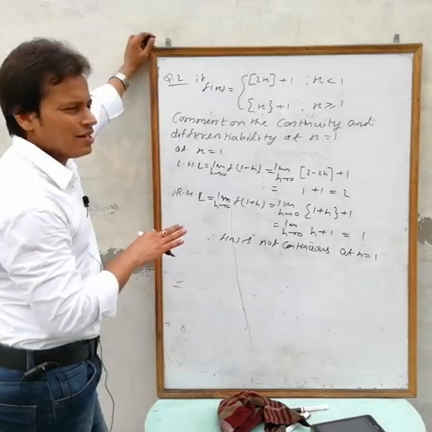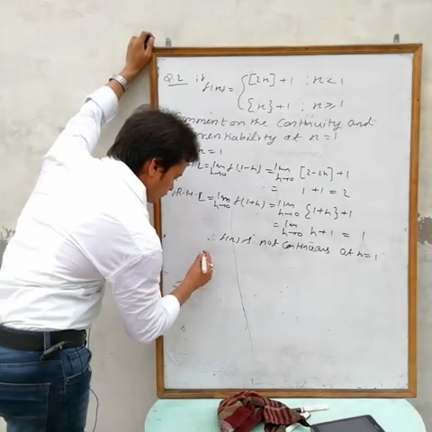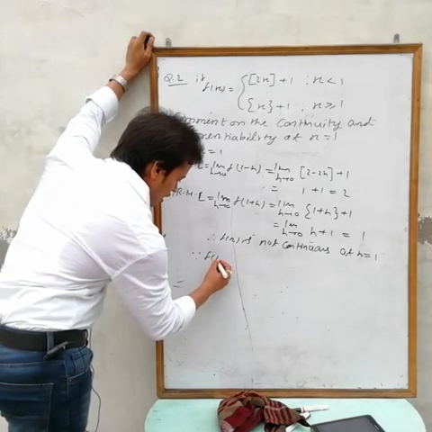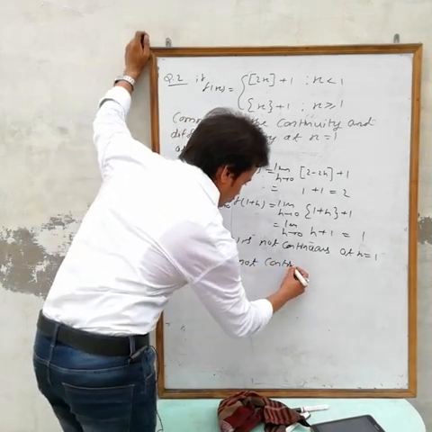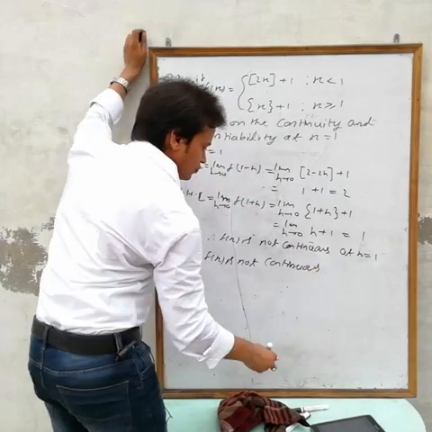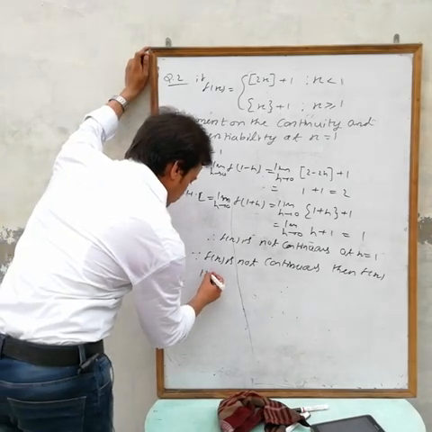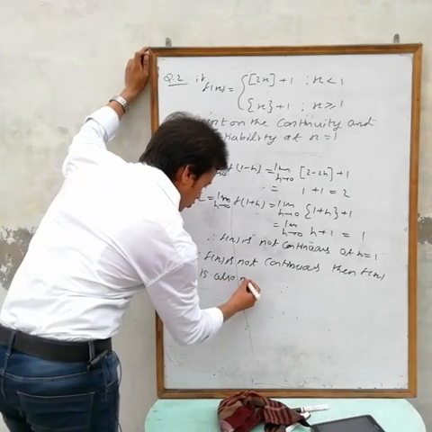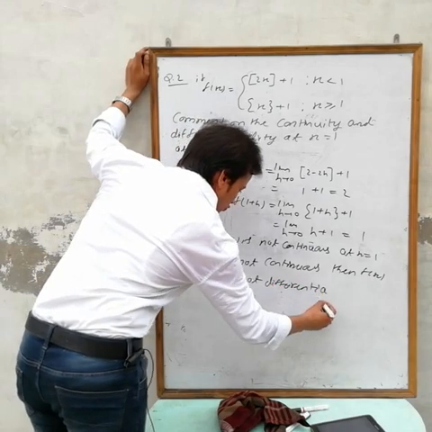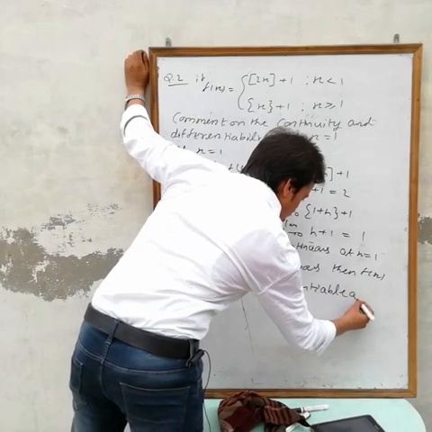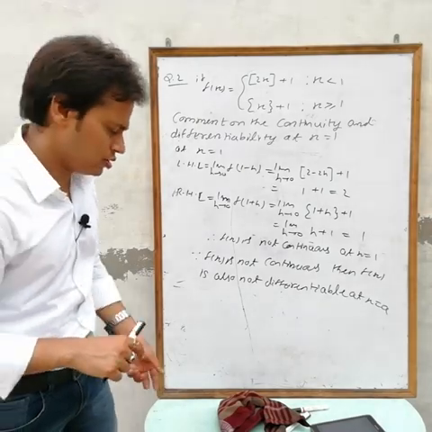Also you can find LHD and RHD, you can check, but you will not get it. If f(x) is not continuous, then f(x) is also not differentiable at x equals a. There is no need to check if the function is not continuous.